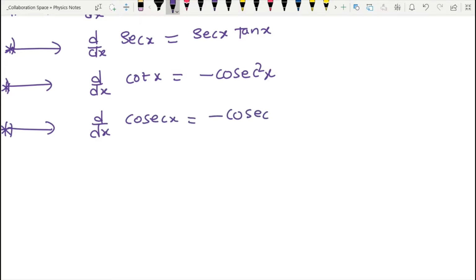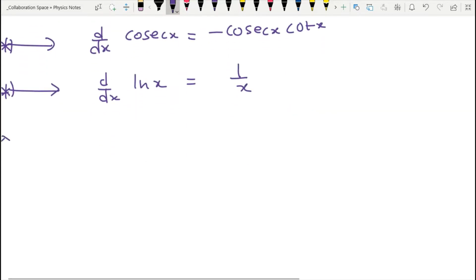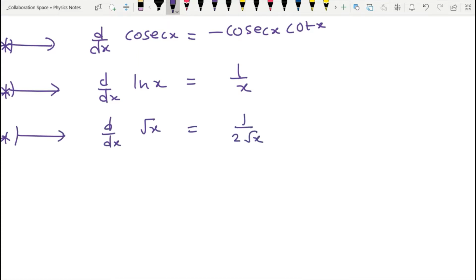Minus cosecant x cot x. d by dx of ln x? 1 by x. d by dx of root x? 1 by 2 root x.